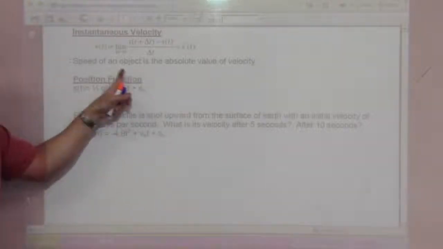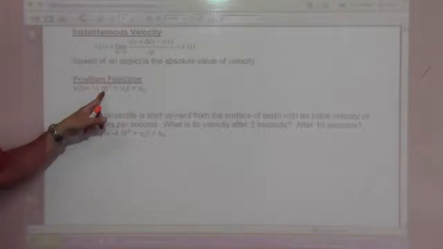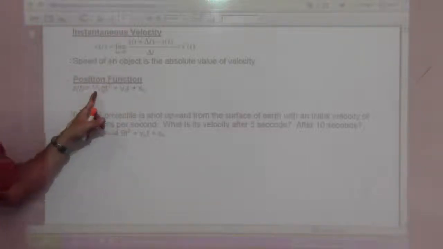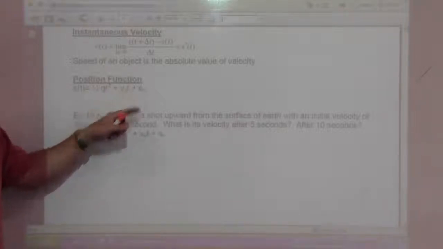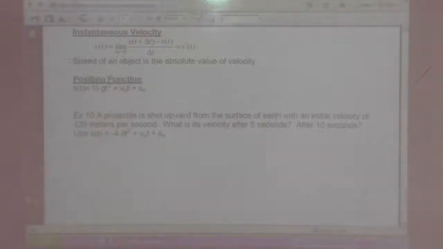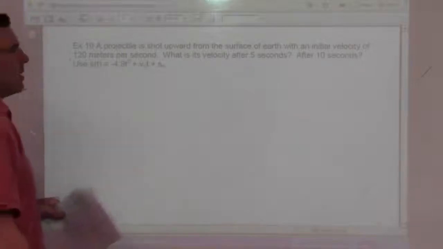So here's our generic position function. S of t is 1/2 g times t squared, where g is your acceleration due to gravity usually, plus v naught t plus s naught. A projectile is shot upward from the surface of the Earth with an initial velocity of 120 meters per second. What is its velocity after 5 seconds and after 10 seconds?